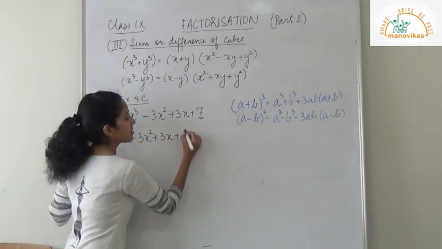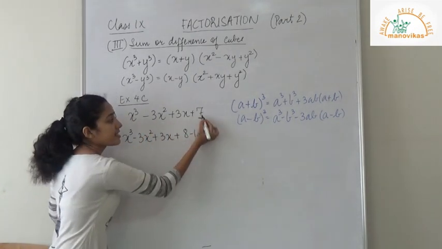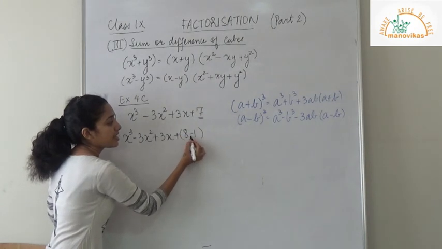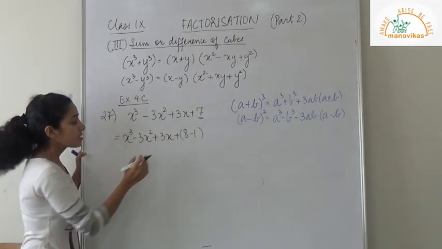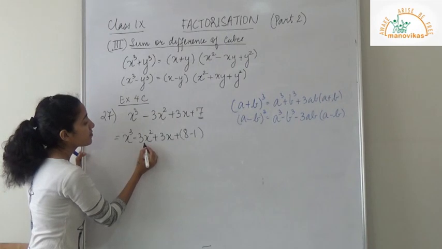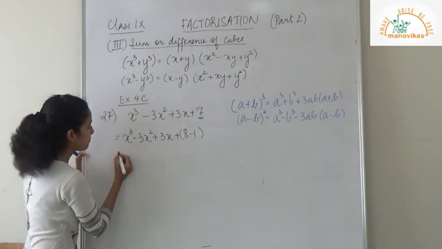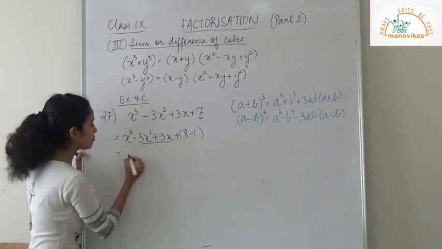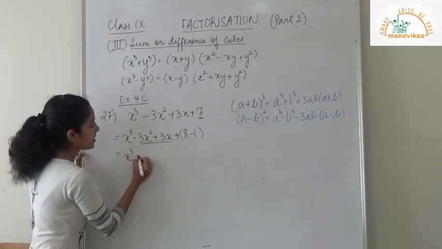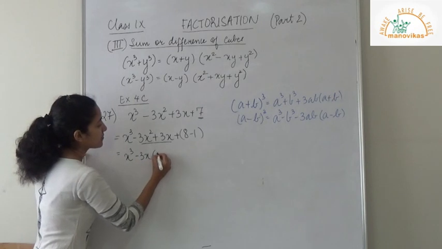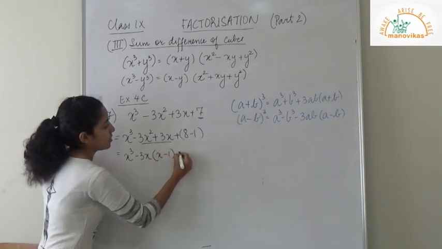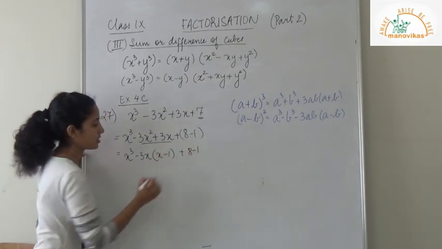So we will be taking that number. That is 7 is broken down as 8 minus 1. The next step is we take a common factor between the x square term and the x term. What is common between these two is negative 3x, which gives us x minus 1 plus 8 minus 1.